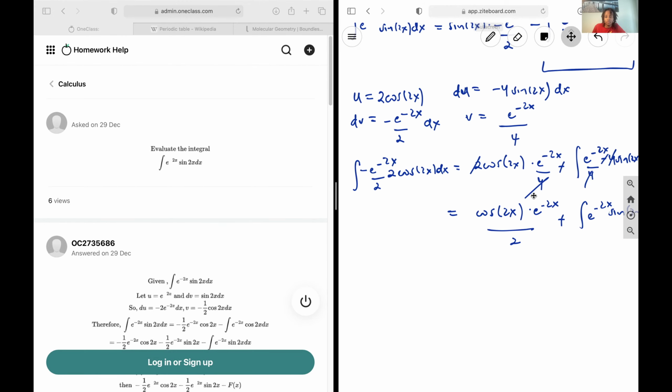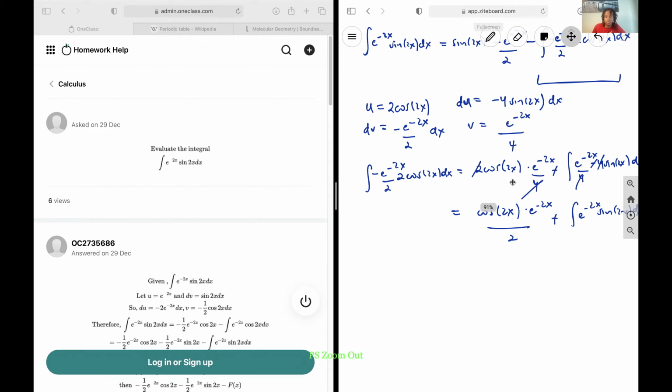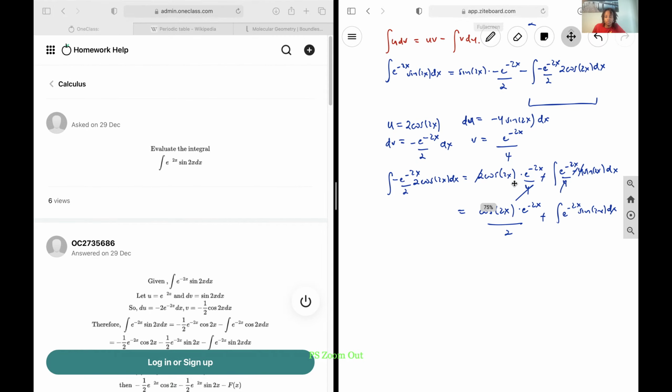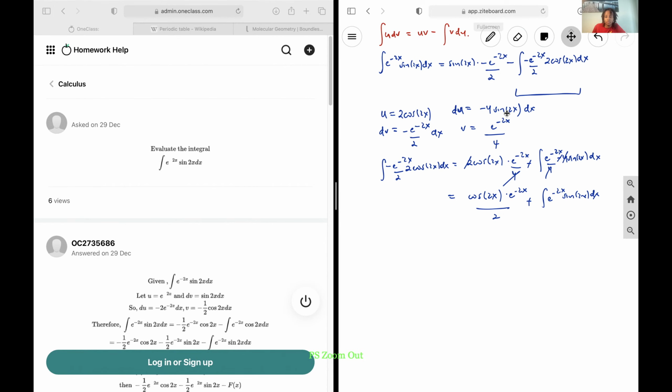And so we will get that the integral of e to the negative 2x sine 2x dx is equal to negative sine 2x e to the negative 2x over 2 minus what we found as the integral here.